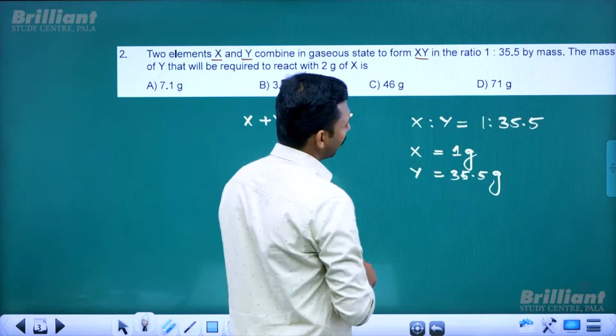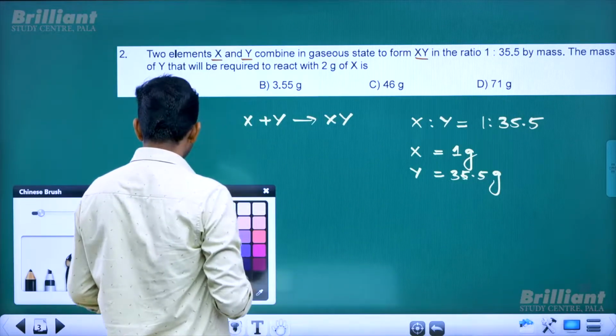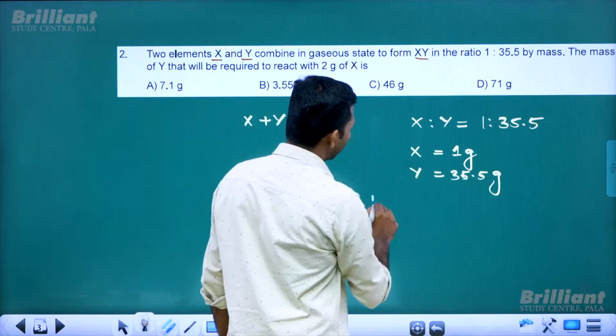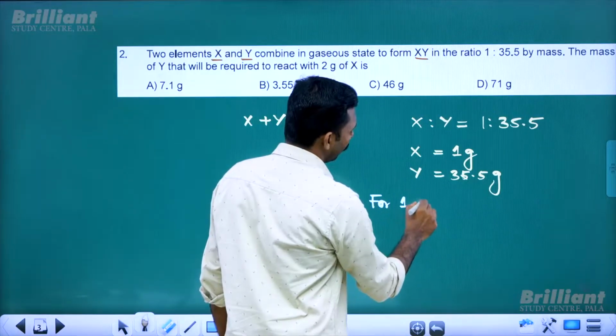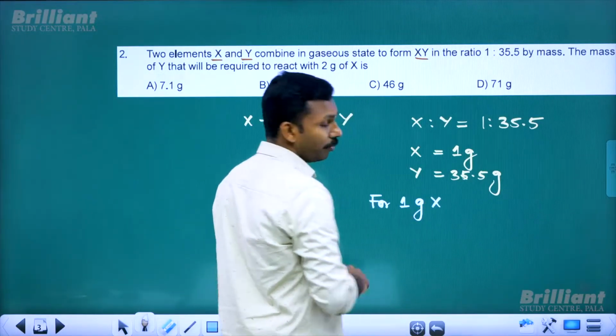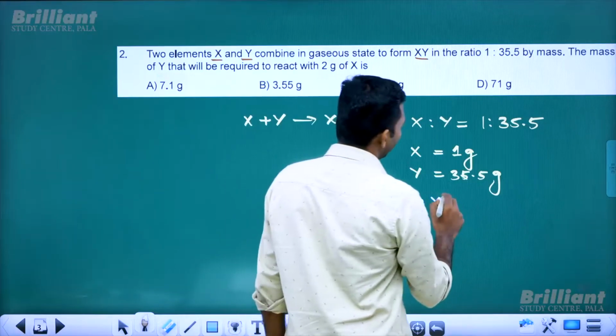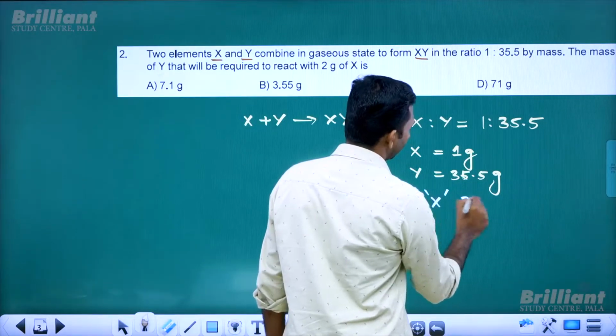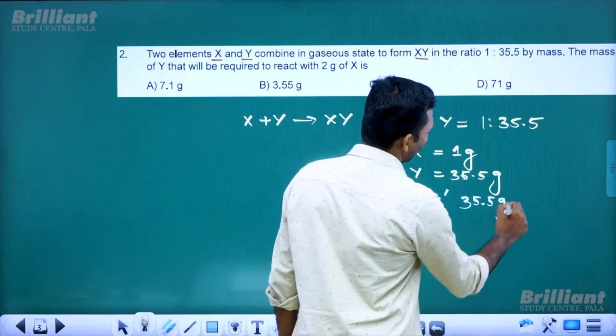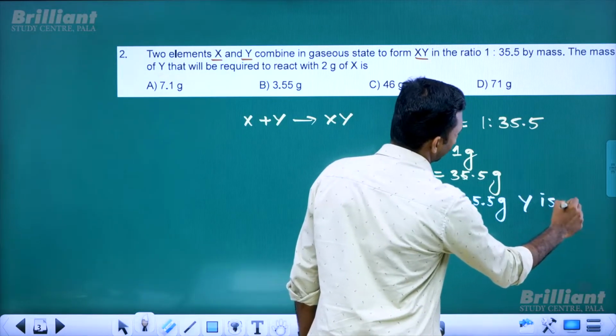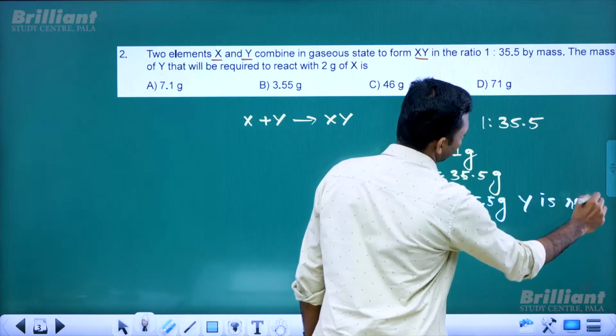From this expression, it is clear that for 1 gram X, how many grams of Y is required? Yes, 35.5 gram Y is required, right?